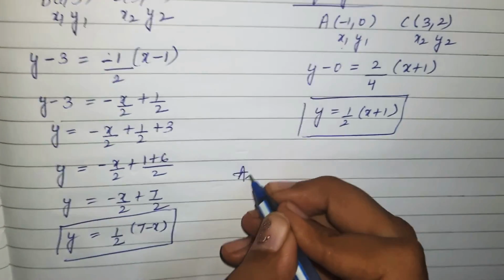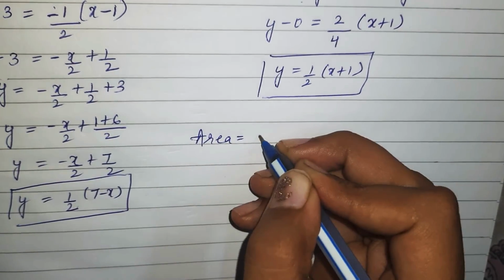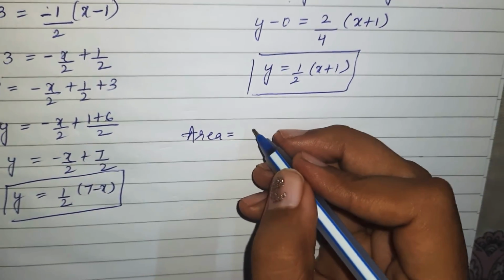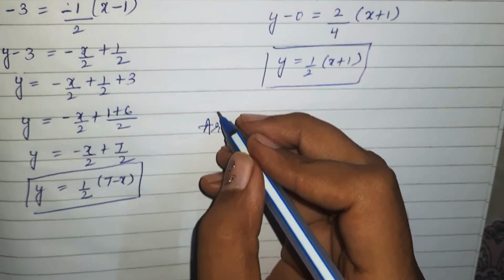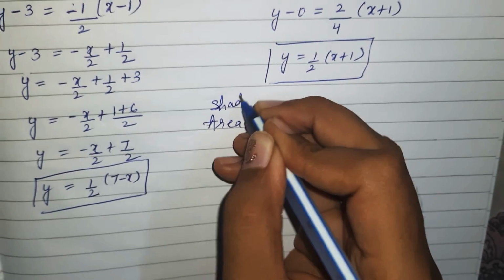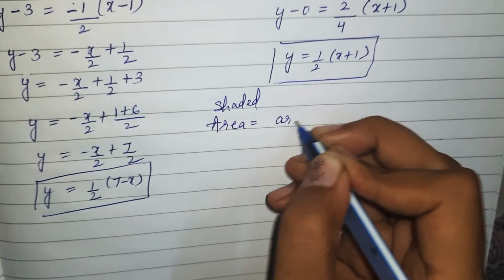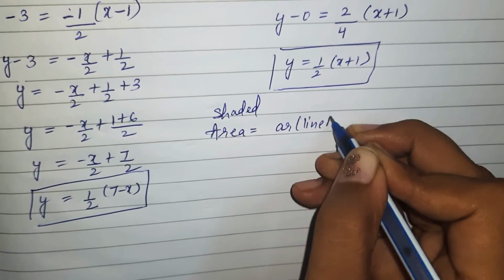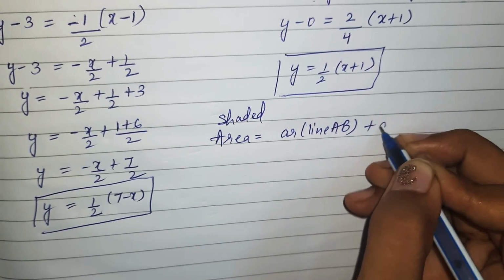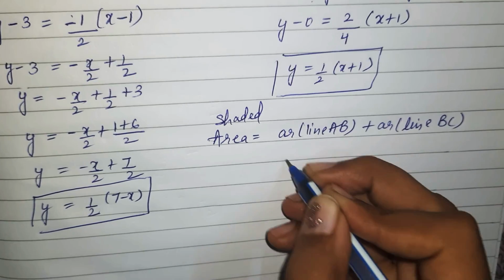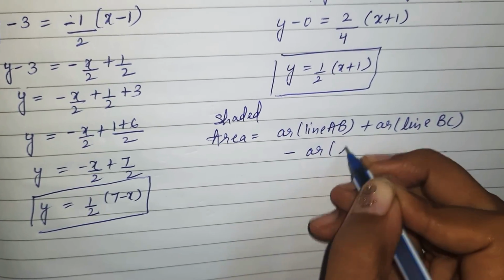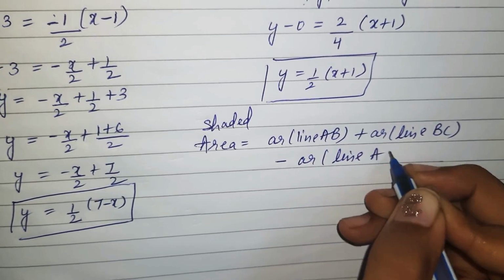So therefore, what will the final area be? What do you need to do? You will be calculating the required area. The shaded area will be the area of line AB plus the area of line BC minus the area of line AC.